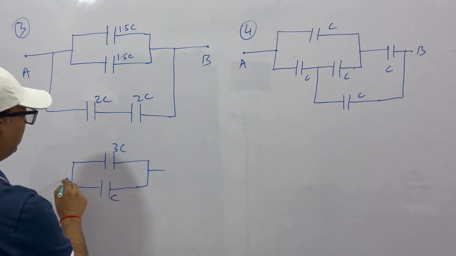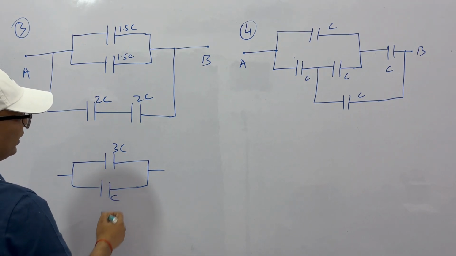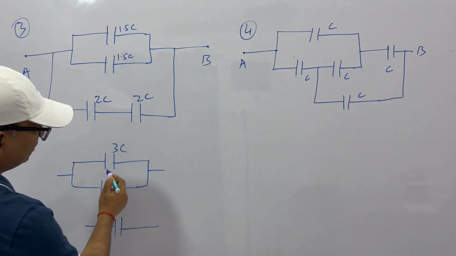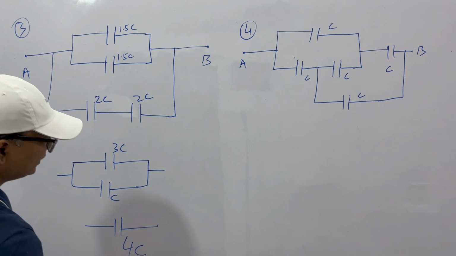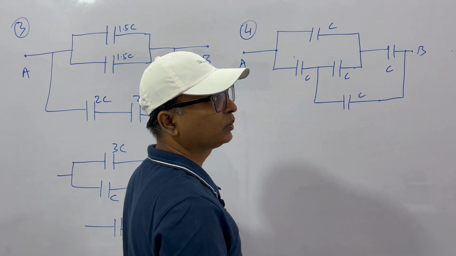Okay, so this reduces to this. Now these two are in parallel, so this will be this plus this, that is 4C. Okay, so the equivalent capacitance is 4C.